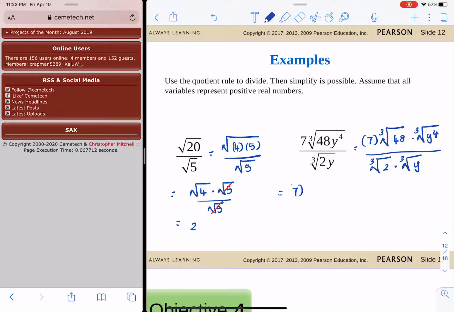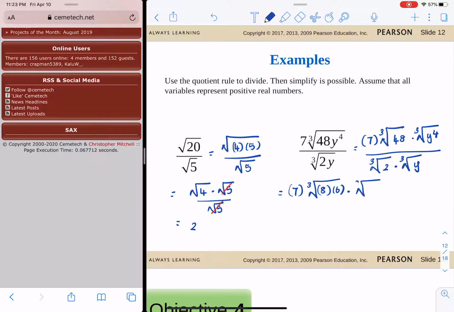So we have 7 times. Is it possible to write 48 in terms of a cube? So the only way would be to write it as 8 times 6, because 8 is a perfect cube, and it would be 2 cubed.